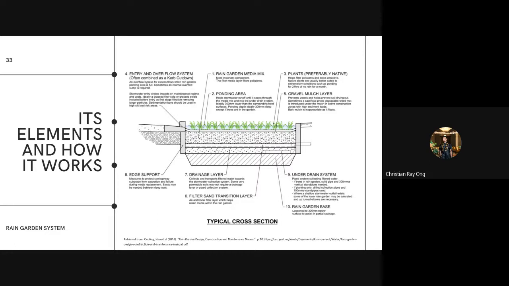I forgot to put it there. It's on the right side. And then next are the plants, which is self-explanatory, the mulch layer, which helps keep the soil moist, the entry and overflow system, the ones that keep the water from running down, edge supports, drainage and filters, and transition layers for transportation of the water to the collection systems.